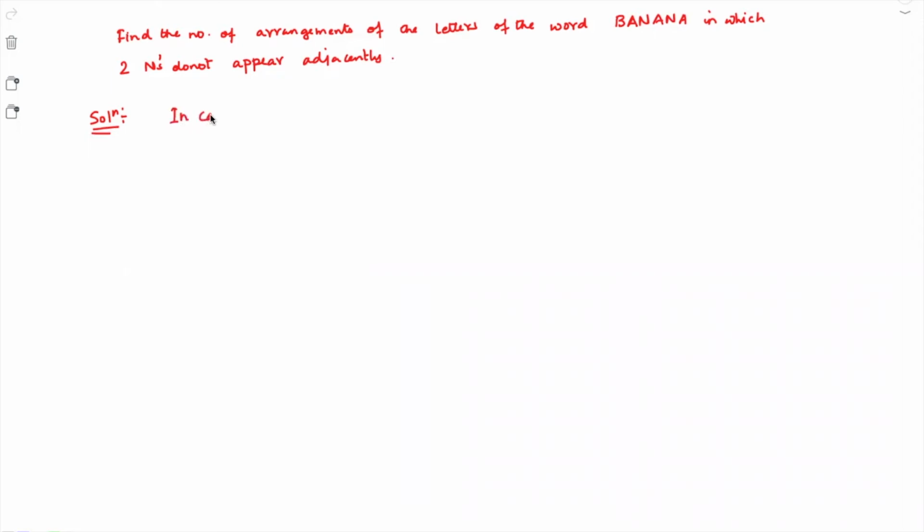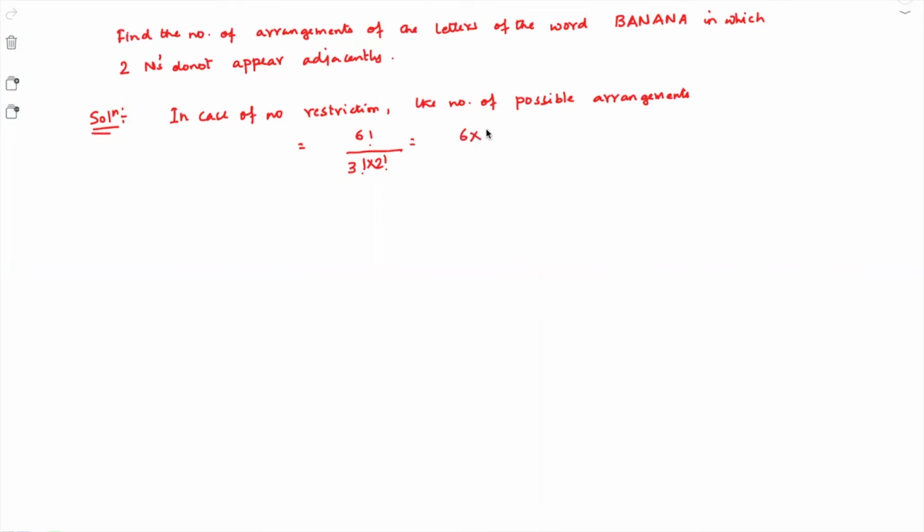So what do we write? In case of no restriction, the number of possible arrangements equals 6 factorial divided by 3 factorial into 2 factorial. 6 factorial because there are 6 letters, 3 factorial because there are 3 A's, 2 factorial because there are 2 N's.